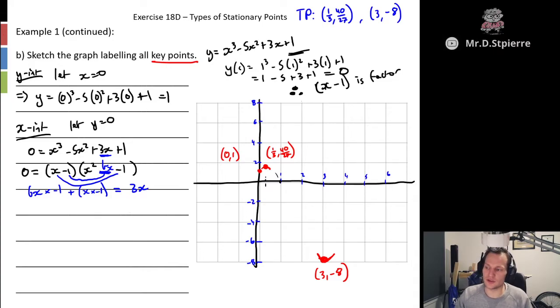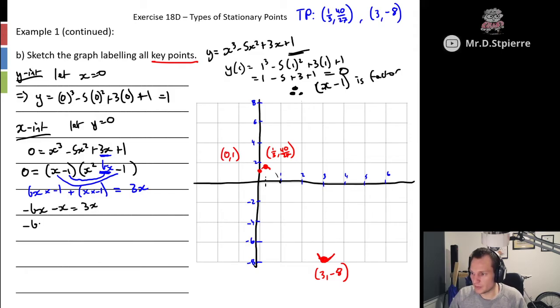So this is a shortcut way of equating coefficients. This is more a mental arithmetic way of doing it, but you could do equating coefficients. You could have done long division. Any of those methods would work for doing the full factorization. I'm just doing it a bit of a shorter way. So it follows that negative bx minus x must equal 3x.